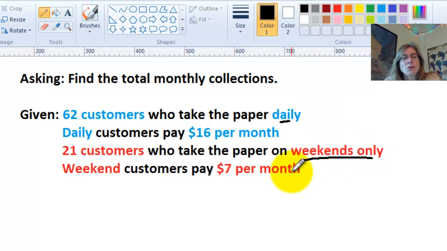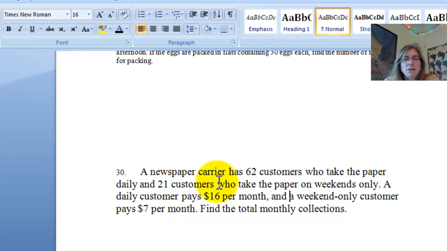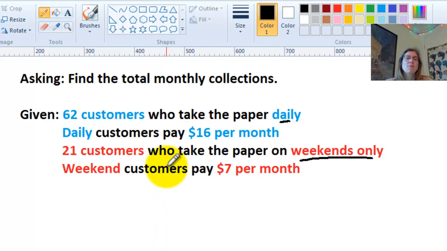Now, the way they gave it to you, let's look back for a minute. They gave you the number of customers in the first part, and then how much those types of customers pay. I've set it up so that I've connected the amount that a customer pays per month to the type of customer. So the daily customers who pay $16 a month, I've put just underneath 62 customers who take the paper daily, because this is information about daily customers.